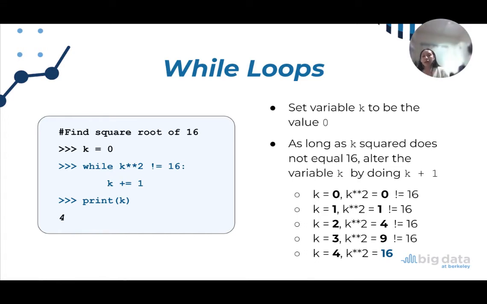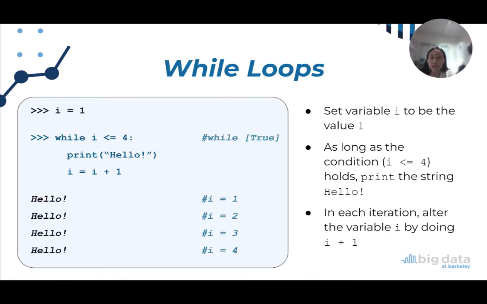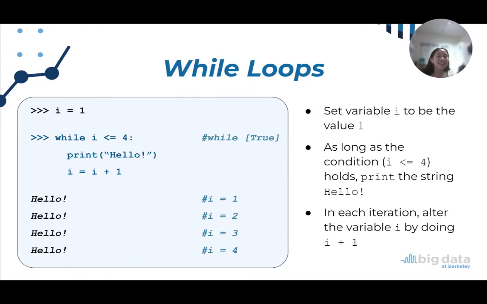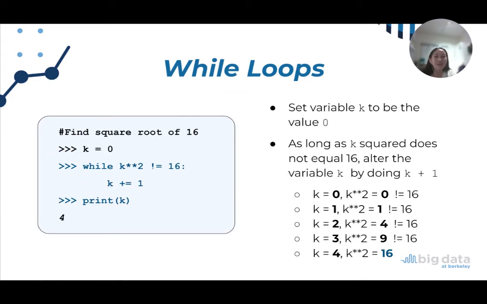So as we saw earlier in this previous example, we used i is less than or equal to 4. In this case, however, in our different example, we start with k equals 0, so a different variable, and we also use a different, simple condition.